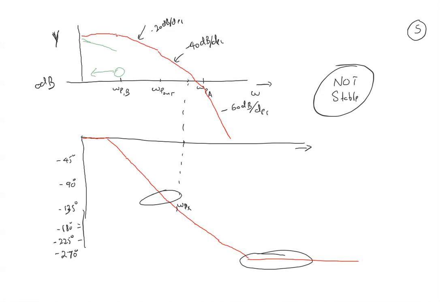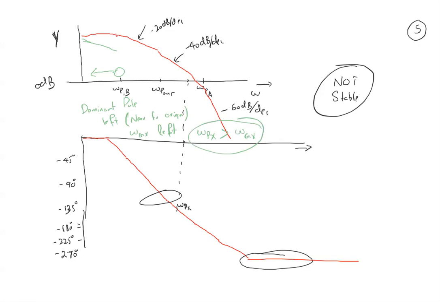If we make the dominant pole on the left-hand side move nearer to the origin, what will happen? My omega gx will also go left, and omega px will be greater than omega gx. So I can achieve this, and I can make my system stable.